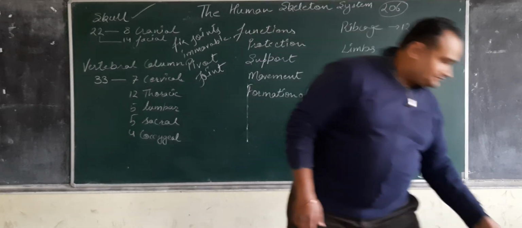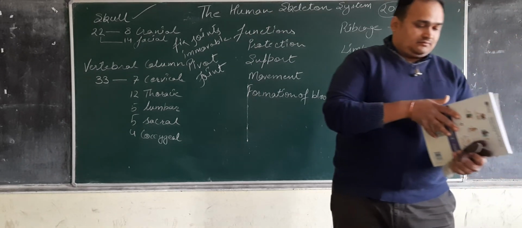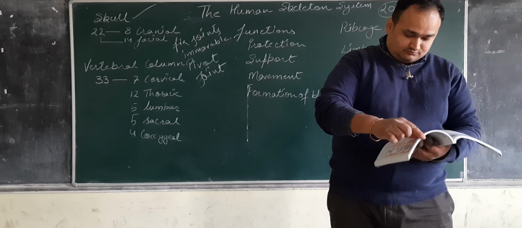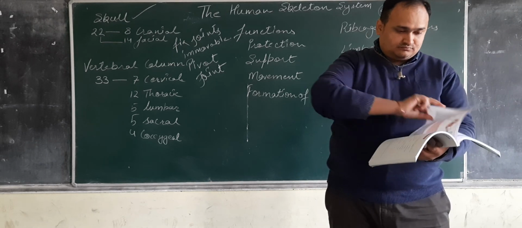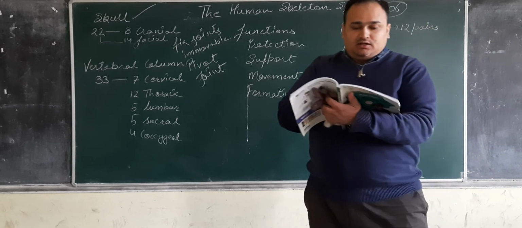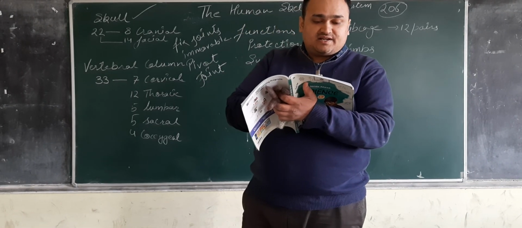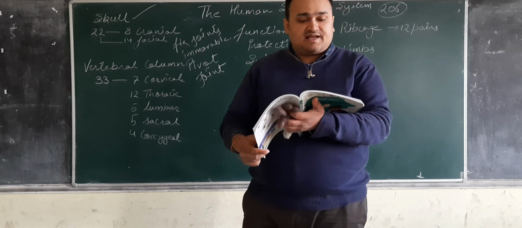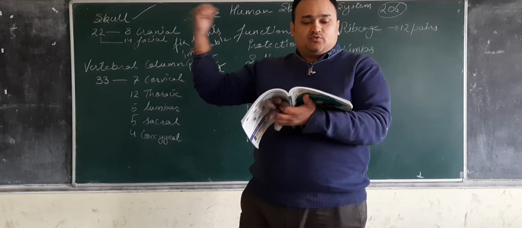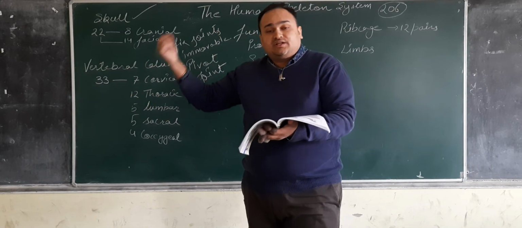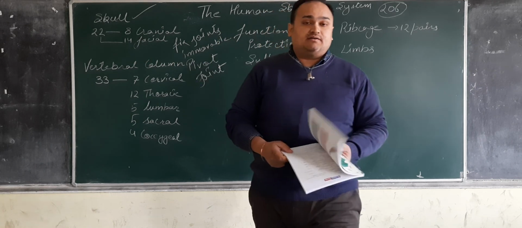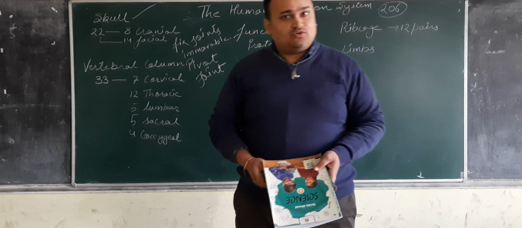Okay, so examples are provided here: triceps contract and biceps relax, biceps contract and triceps relax. So when you are moving it, it shows how muscles are helping you to move. So that's all for today. Thank you.